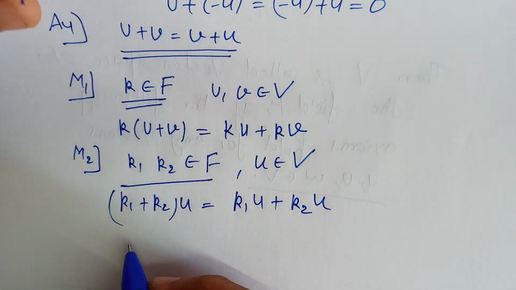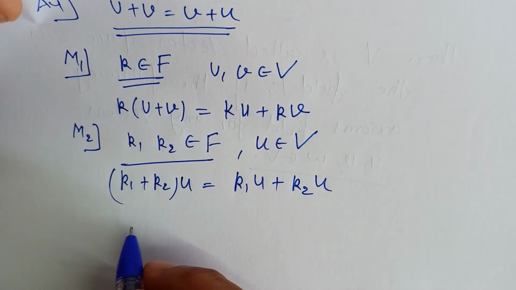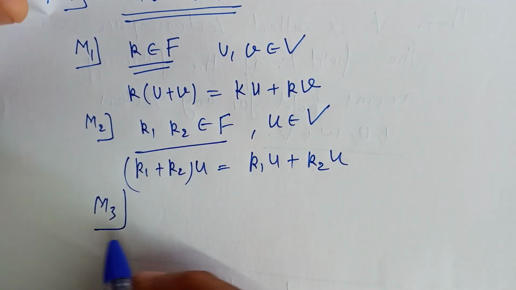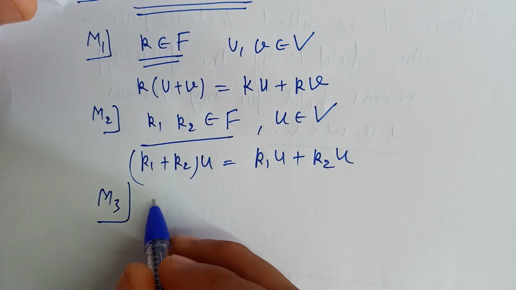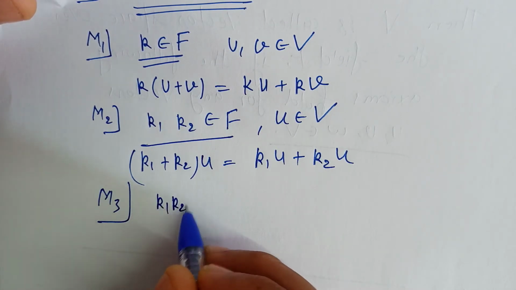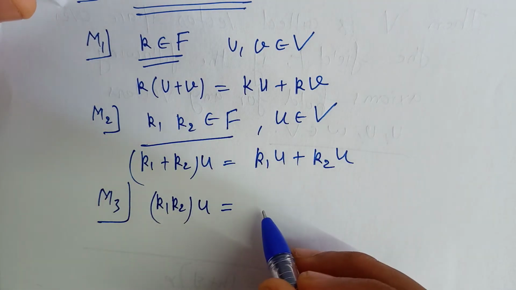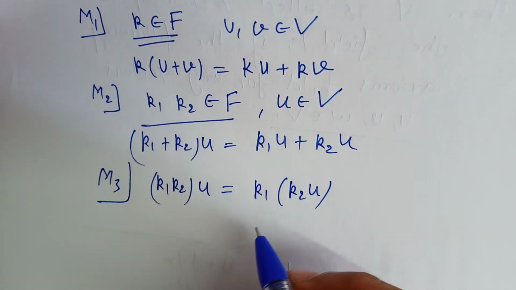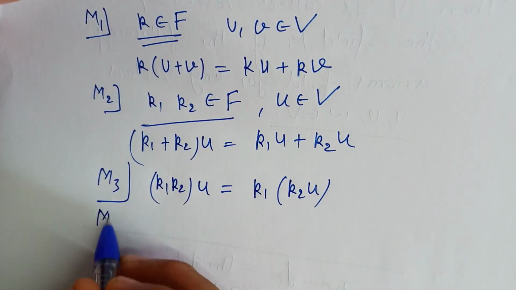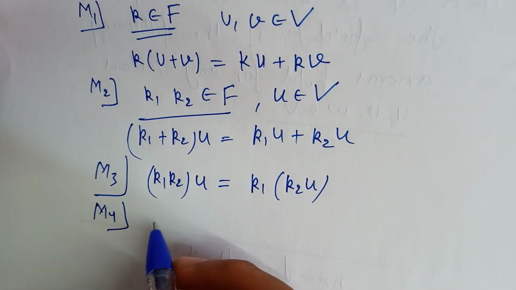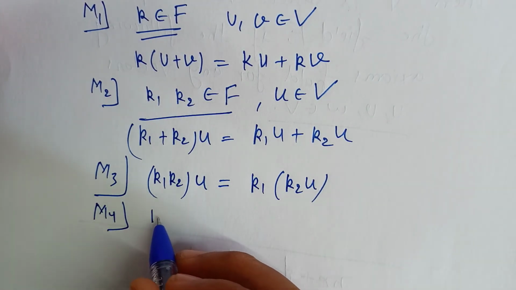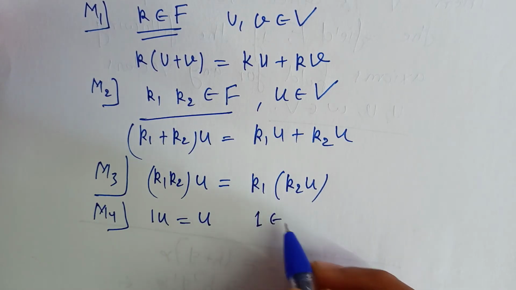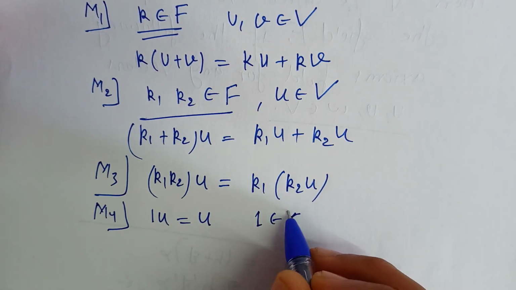This is the distribution of scalars over vectors, M2. And M3, if you have two scalars k1, k2, then k1(k2 u) equal to (k1 k2)u. Fine. And the last property, M4, we have the multiplicative identity: 1 into u equal to u, where 1 belongs to the field F.